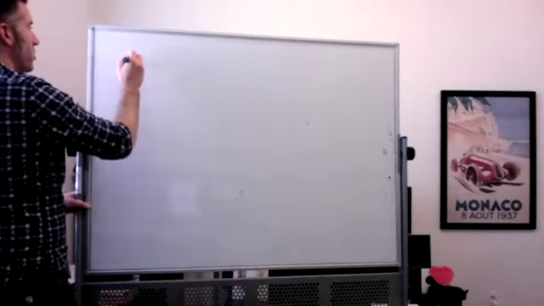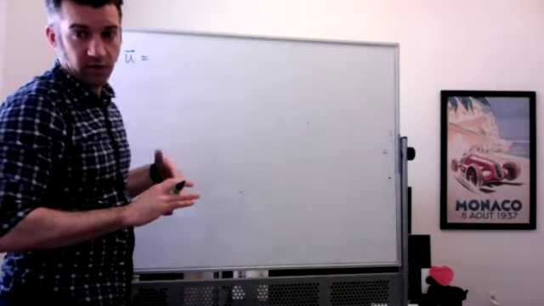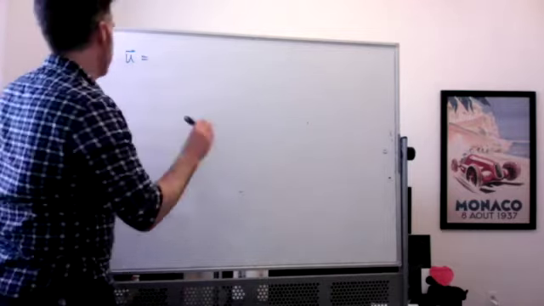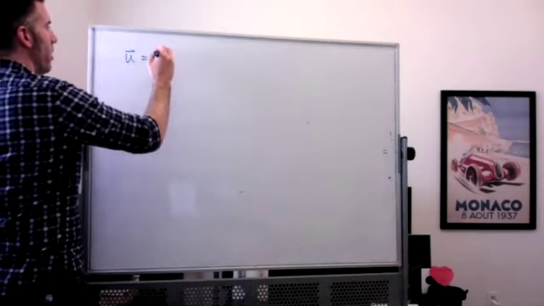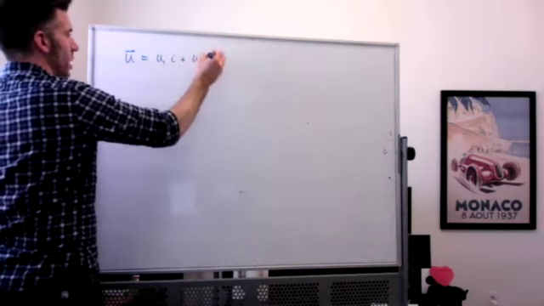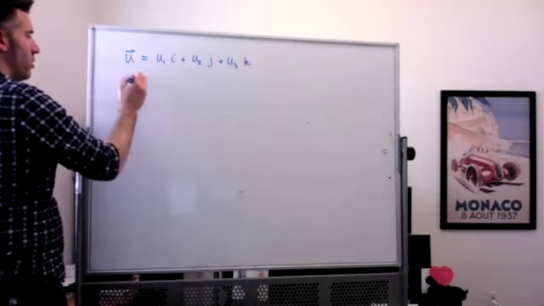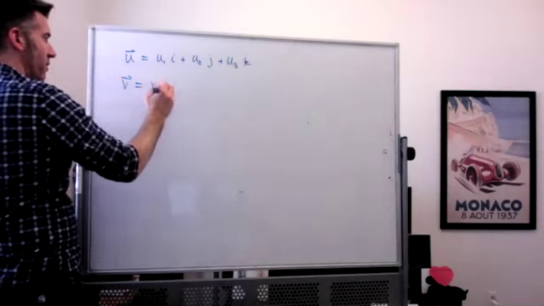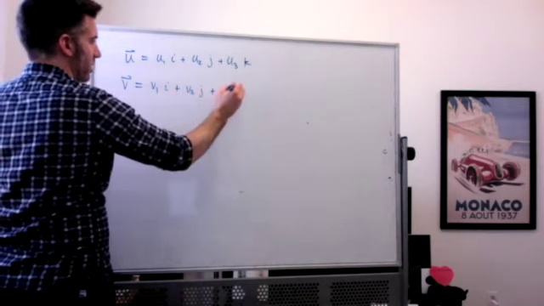So let me write this out. So let's say we have u, and you can write u as a vector in 2 or 3 dimensions. So let's look in 3 dimensions. So let's say u is equal to u1i plus u2j plus u3k, and v also has 3 components. It's v1i plus v2j plus v3k.